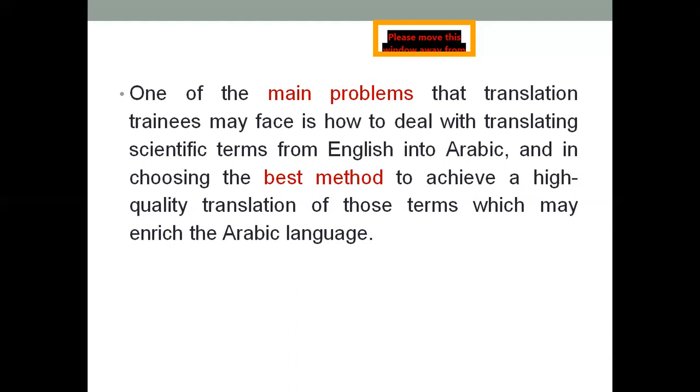So, to determine or to shape the clearest term that reflects the device, the theory or the concept is a very important issue, yet it is very difficult and it is a main problem faced by scientific translators.